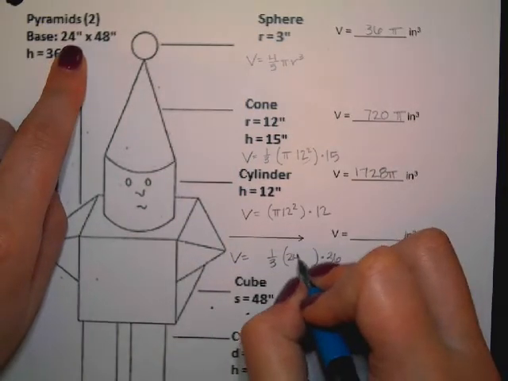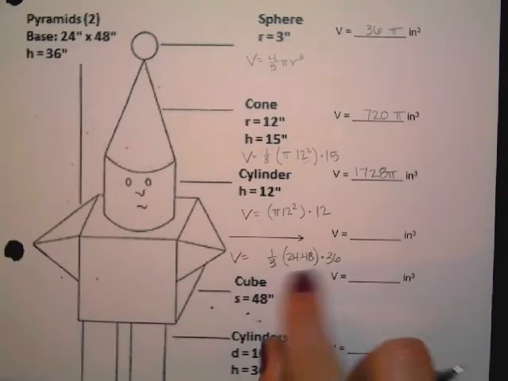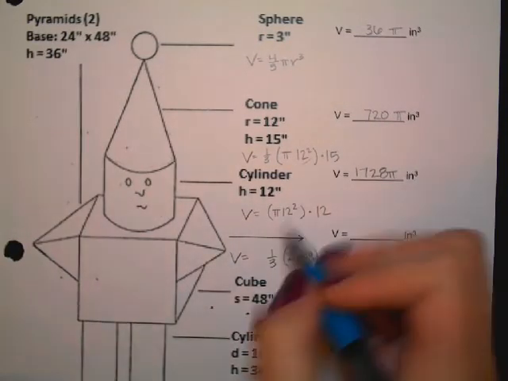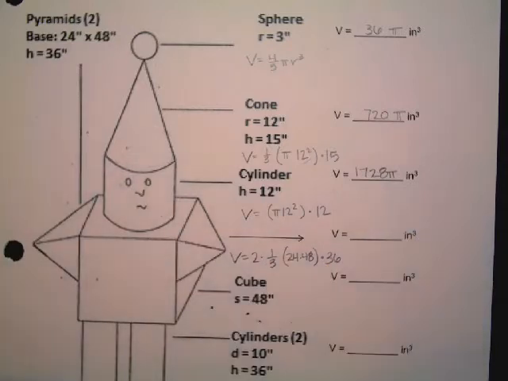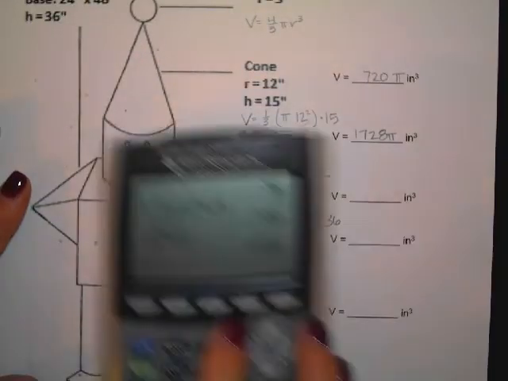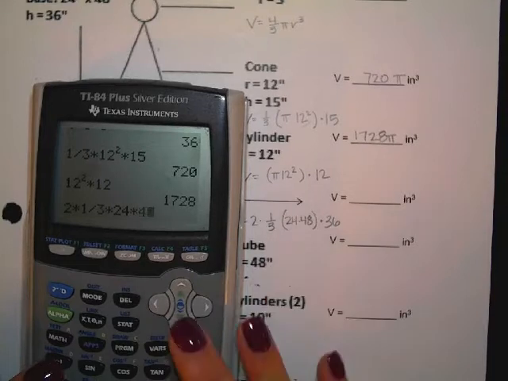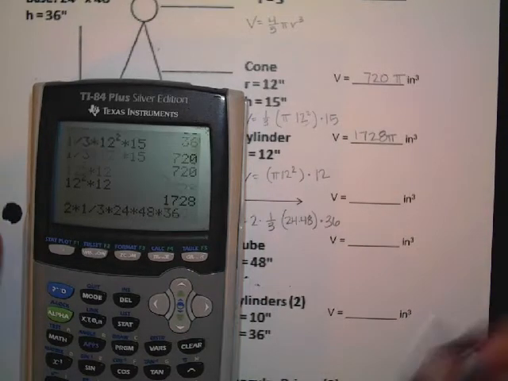So I'm going to do 24 times 48. Now, this is just the volume for one pyramid. We're doing two of those, so I need to do 2 times 1/3 times the area of the base times the height. This time I don't have a pi, so I can just type it all in. Times 24 times 48 times 36.